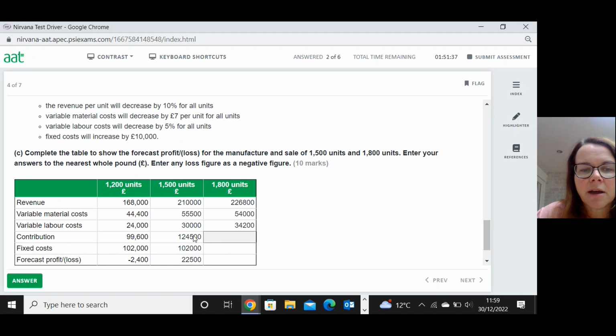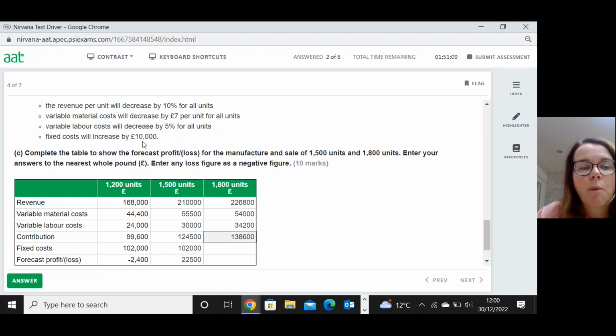Contribution. So we can't just flex it this time. We've got to do revenue minus the variable components because obviously these figures are not flexed on the original figures. We've had these amendments to deal with. So now I can do revenue minus my two lots of cost gives me a contribution of 138,600.